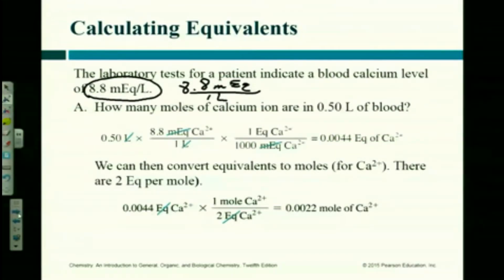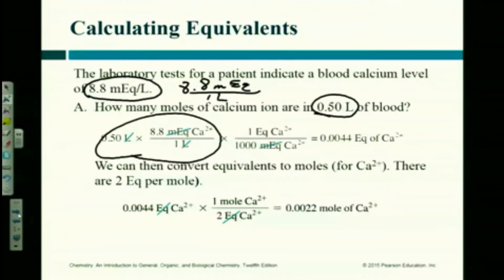So when you see this, what you should be thinking is, hey, that's a conversion. I'm not going to start there because it's a conversion. But what if I start right here, and I multiply this by that, I get rid of liters. See right here? And I'm left with milliequivalents. And then they convert milliequivalents into equivalents using 1,000 to 1.